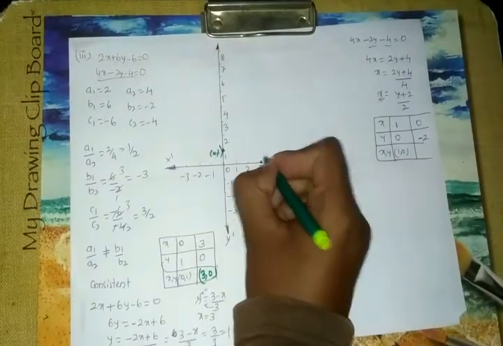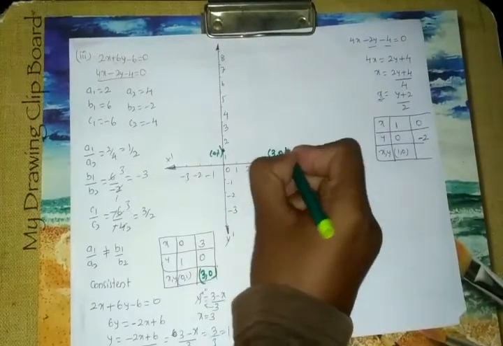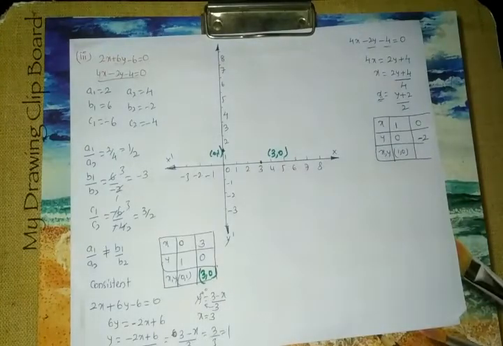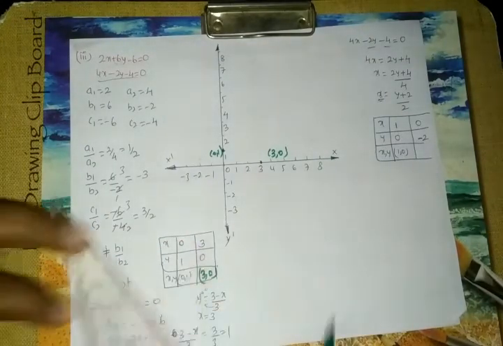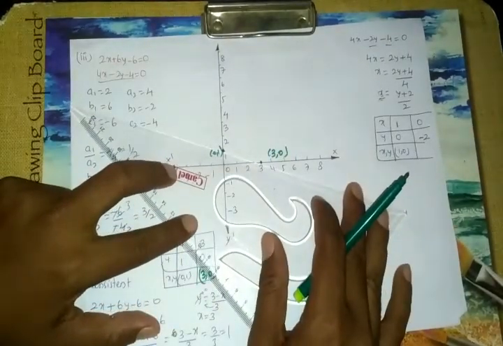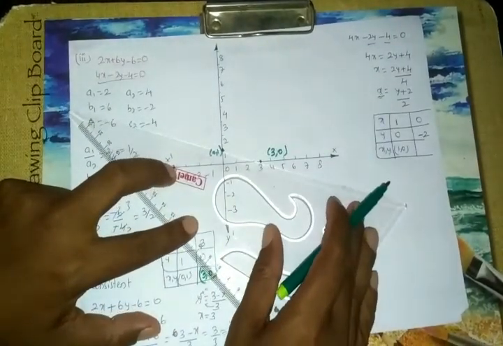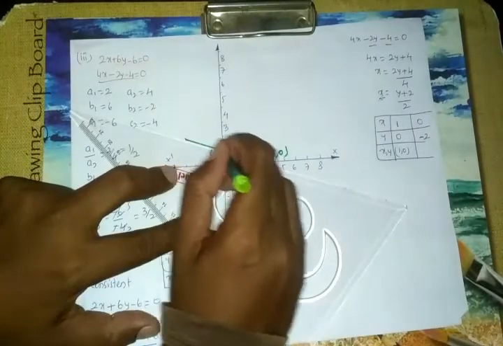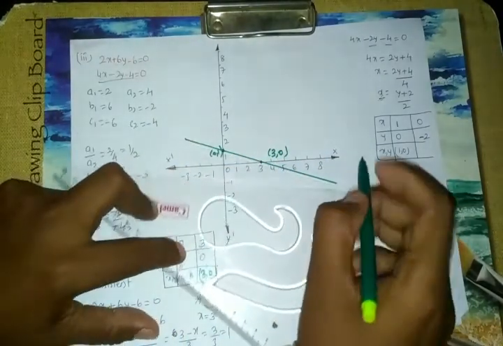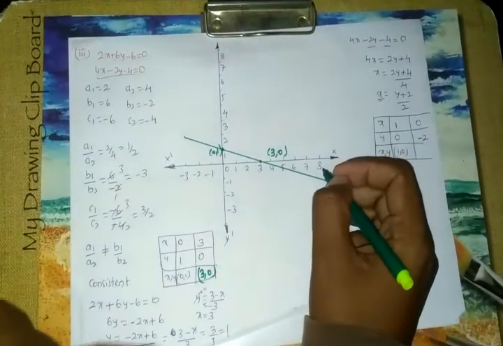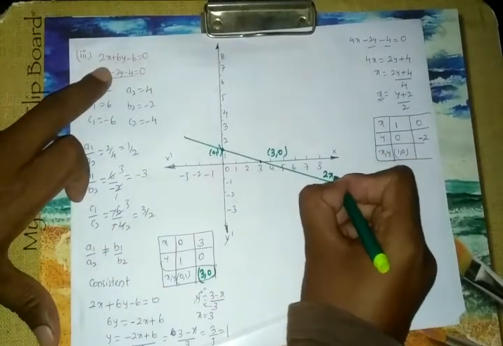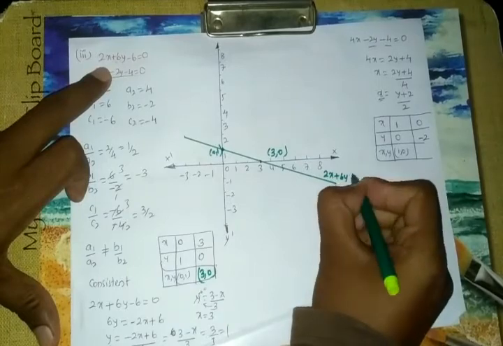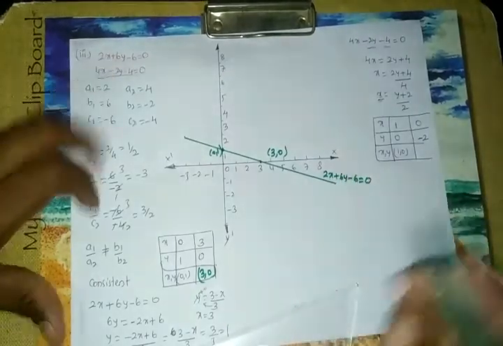This is the second point, which is 3 comma 0. Joining these two points, I will be getting a straight line. This line represents the equation 2x plus 6y minus 6 equals 0.